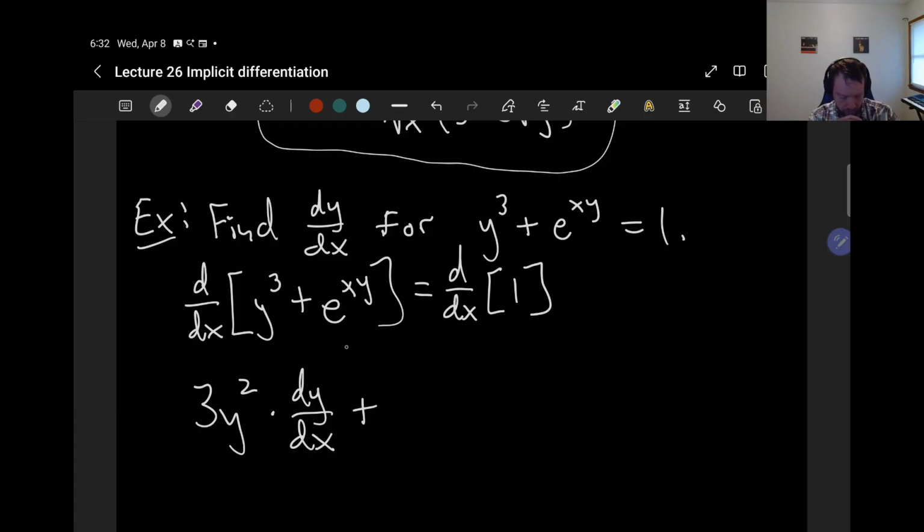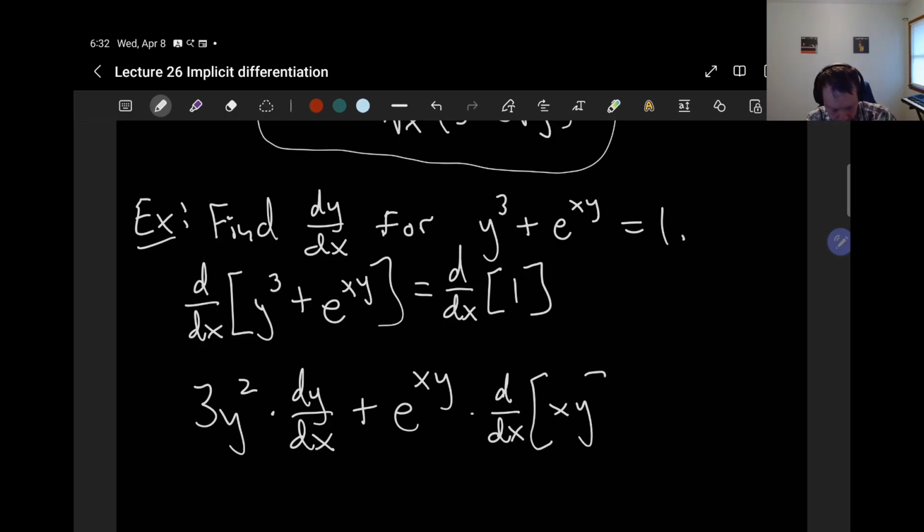Well, okay, we will take that outer derivative. Derivative of an e function is itself. But then we multiply by the derivative of the input. Well, there's still a little more work to do there. And this will equal 0 because the derivative of 1 is 0.